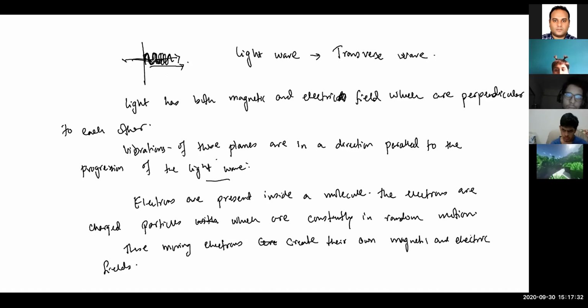For you people, the simple thing is that the light wave has its own magnetic and electric field. Electrons have their own magnetic and electric field. When the magnetic and electric field of the electrons interfere with the magnetic and electric field of the light wave, there's a rotation of the plane polarized monochromatic light.